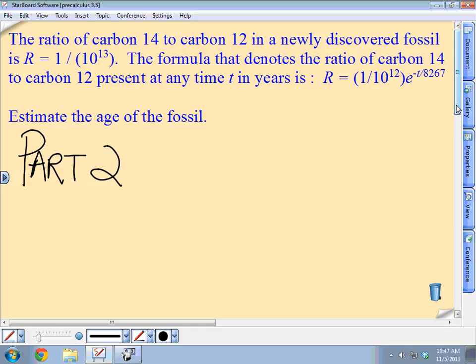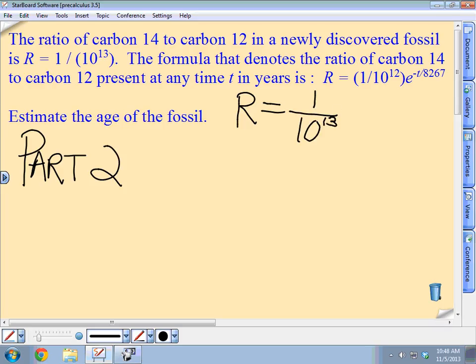All right, so the ratio of carbon-14 to carbon-12 in a newly discovered fossil is R, which is just the ratio. The ratio is 1 over 10 to the 13th power.